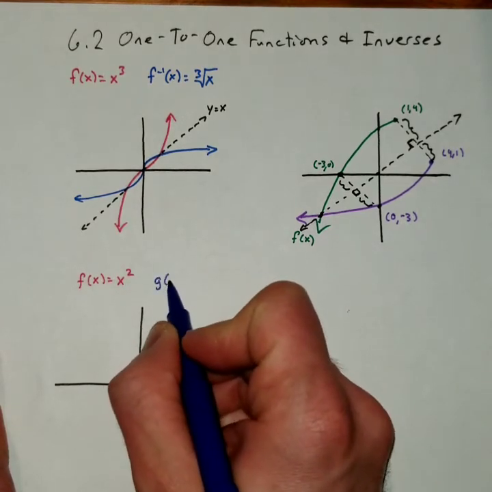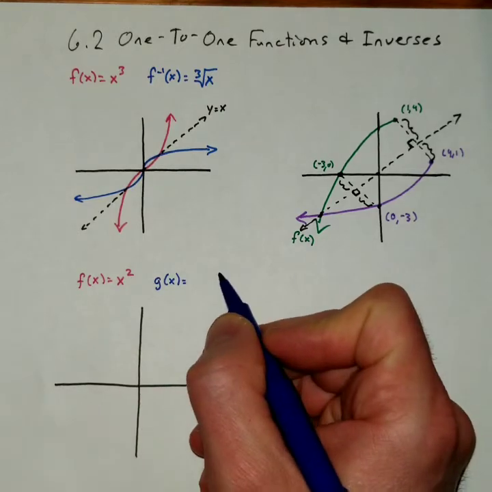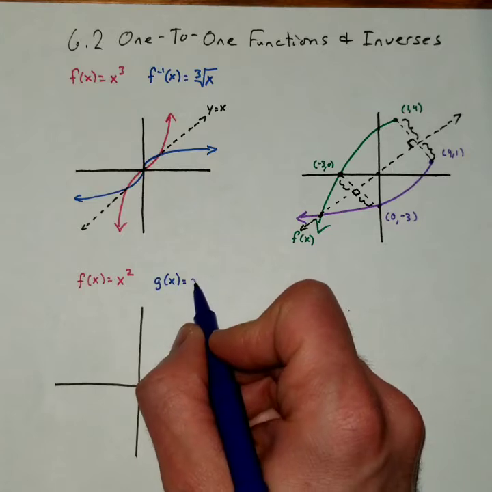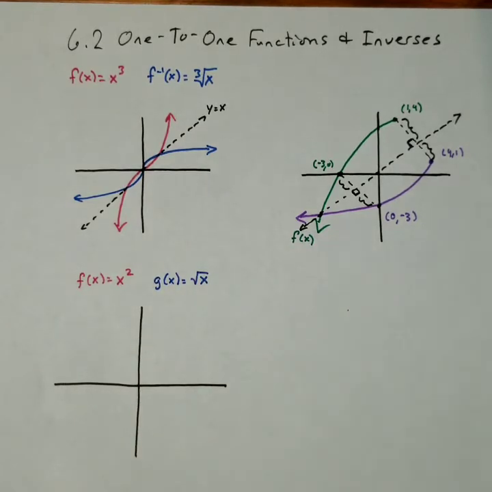But just for a moment here, I'm going to assume that's not the case. I'm going to call them f and g. And we'll see some interesting things that happen here.